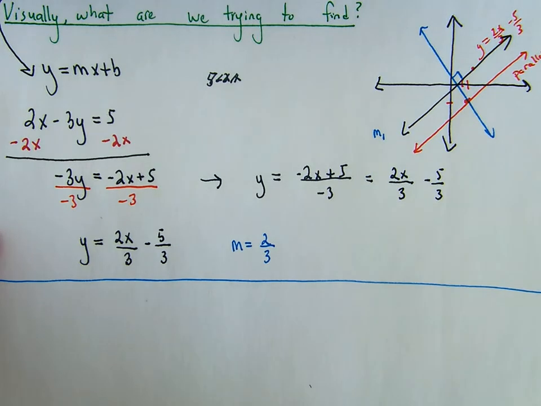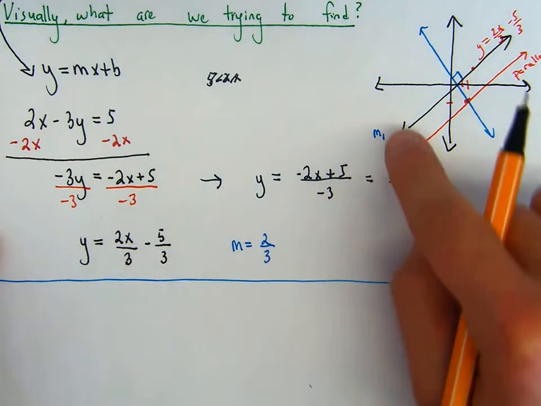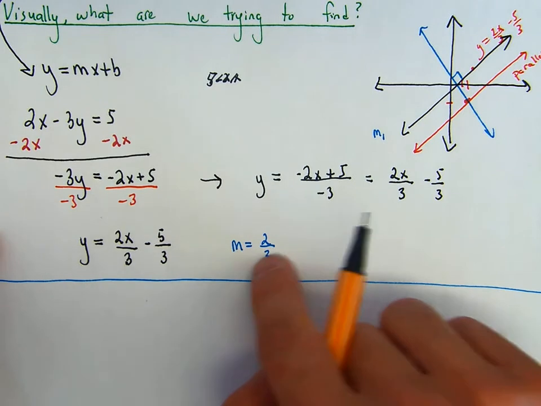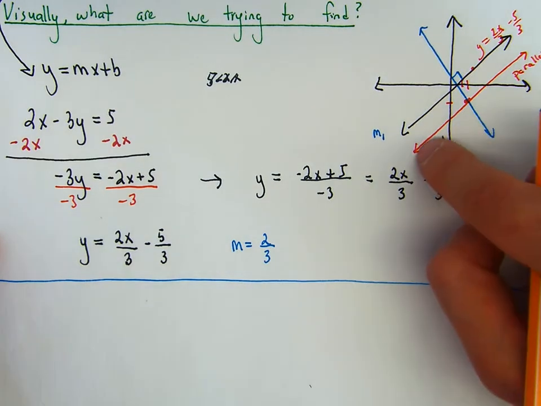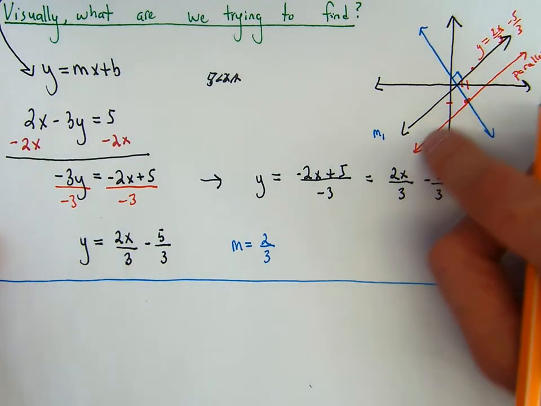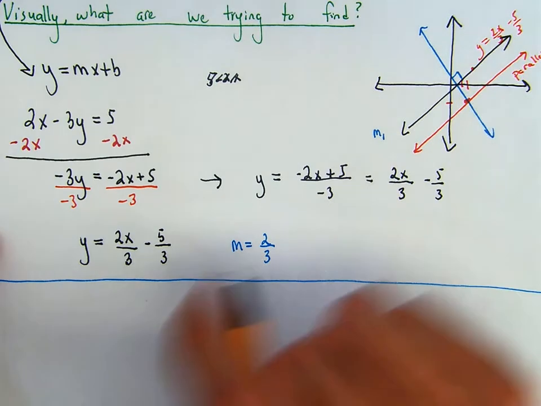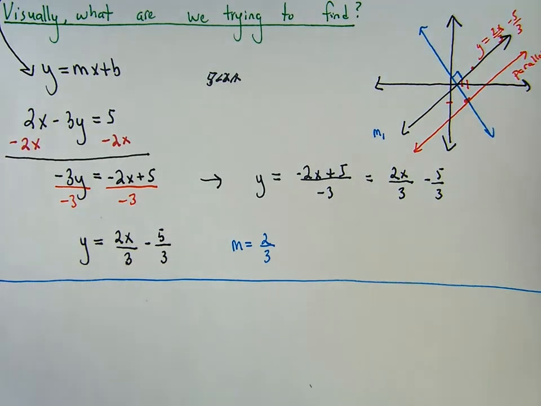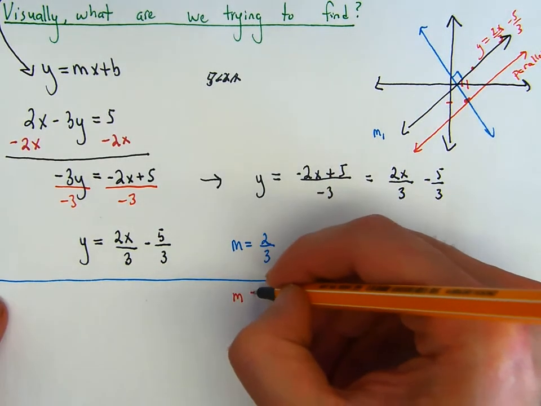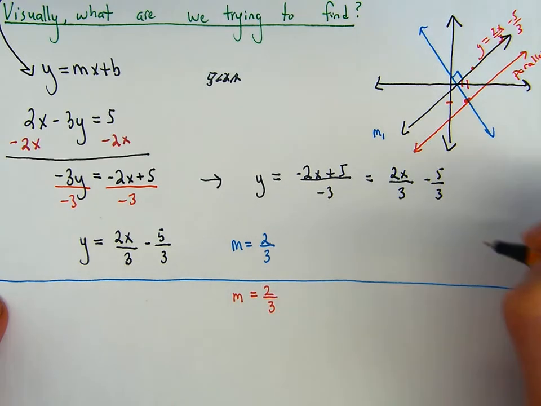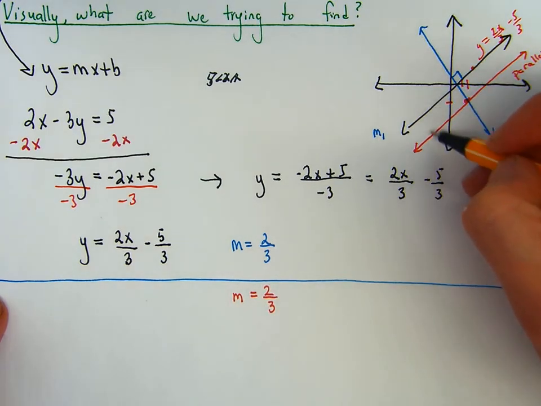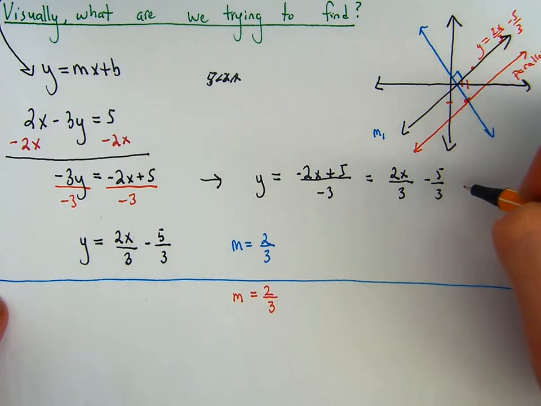It is 2 over 3, right? So if the slope of this line is 2 over 3, what has to be the slope of the line that is parallel to it? It also has to be 2 over 3, because for these two lines to be parallel, they have to have the same slope.